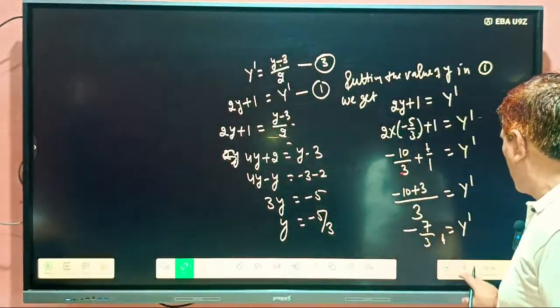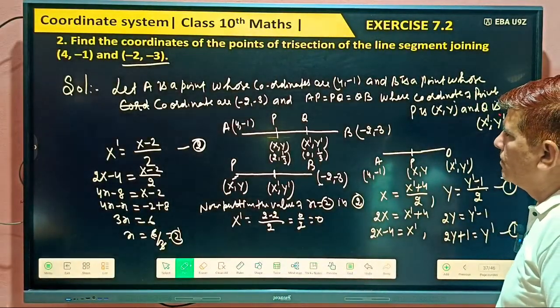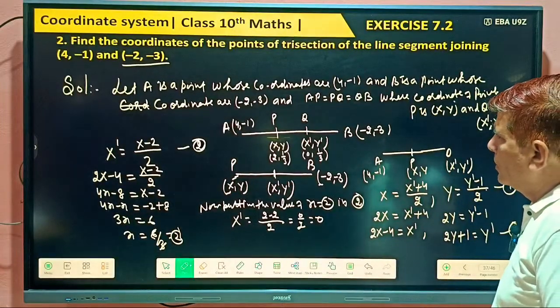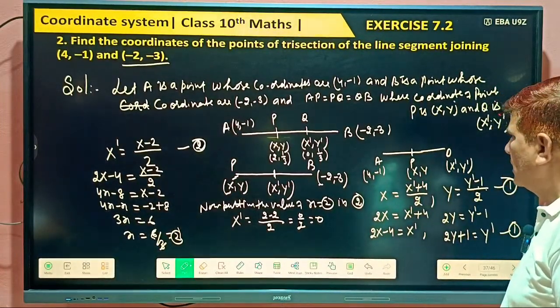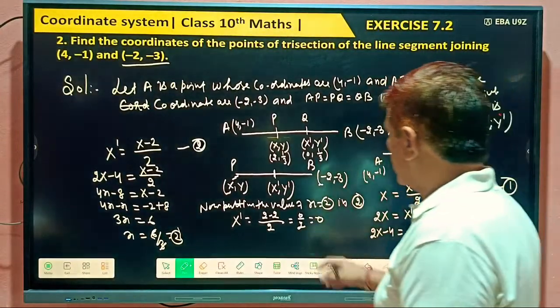Understood? So this, I told you. What did I tell you? So here are some changes. Here are some changes. 2, and what's this value?